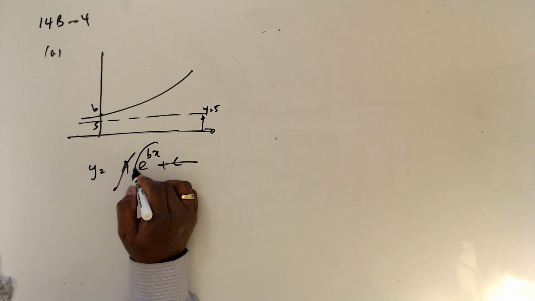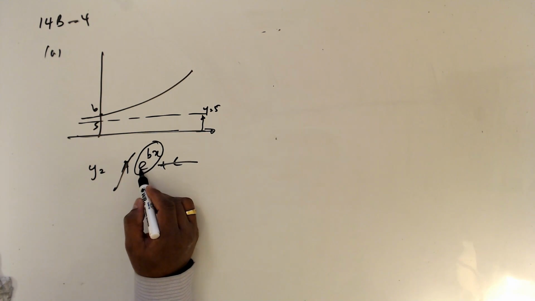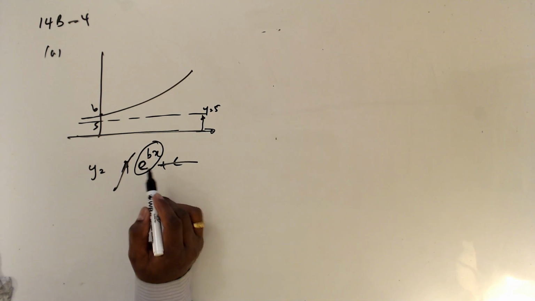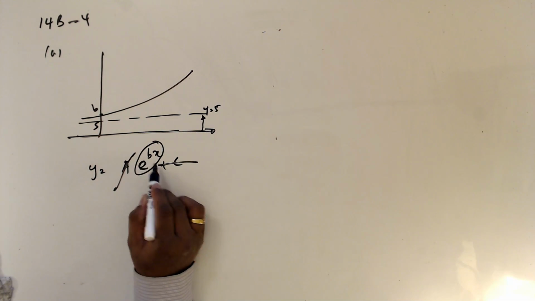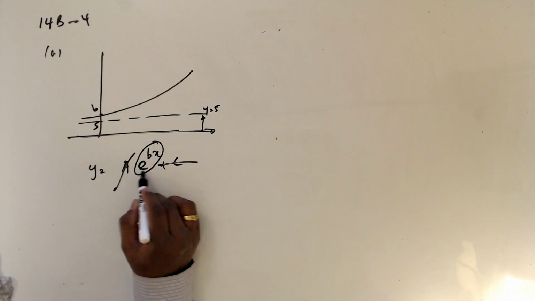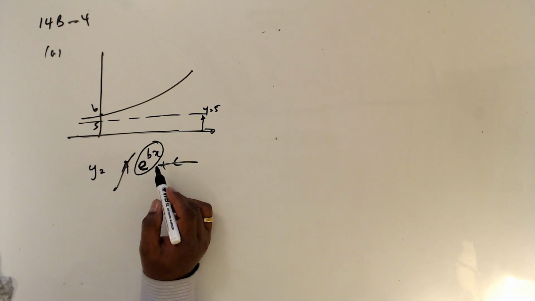So this is the exponential part. I always say exponential not because of a, it follows the definition of exponential. This e value is positive. That's why it is exponential, a positive constant.